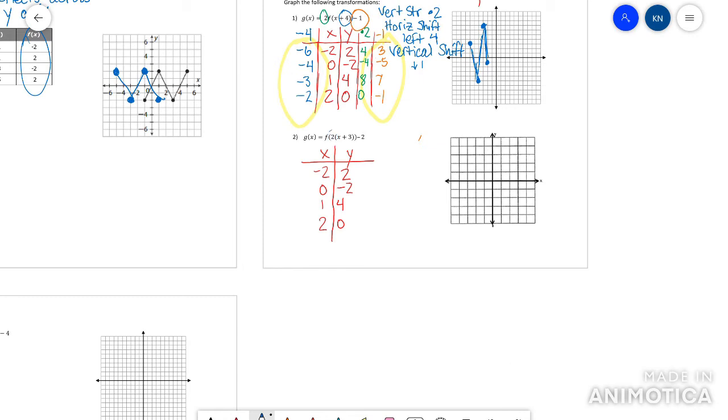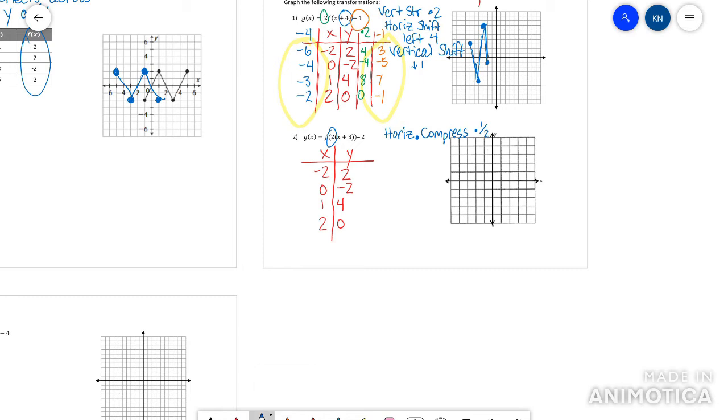This 2 right here is inside the f of x, so I immediately know that's horizontal. And it is timesing by 2, so you would think normally that's a stretch, but in reality, since it's horizontal, it's doing the opposite. So it's not timesing by 2, it's timesing by 1/2, aka dividing by 2. So that's actually a compression times 1/2. Same as dividing by 2.